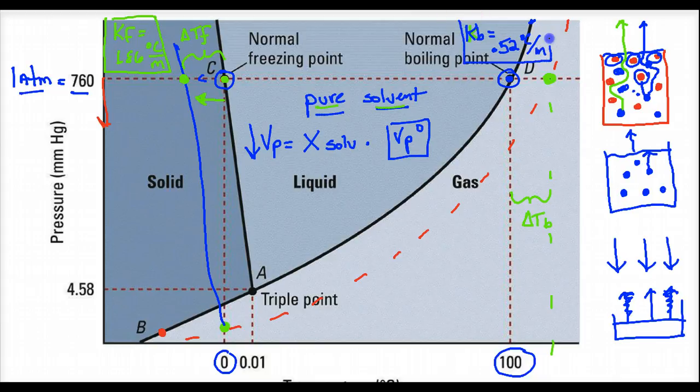So these are our two constants. So if we had a 1 molal solution, this change in temperature would be 0.52, and the change of the freezing point would be 1.86.